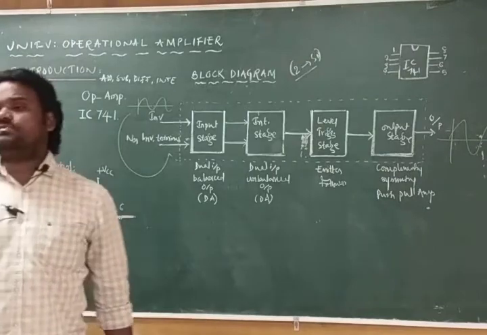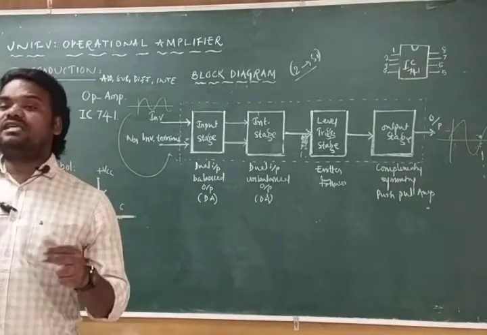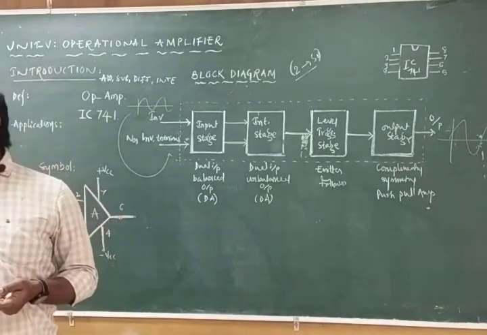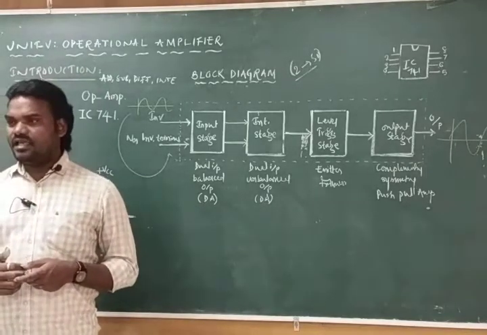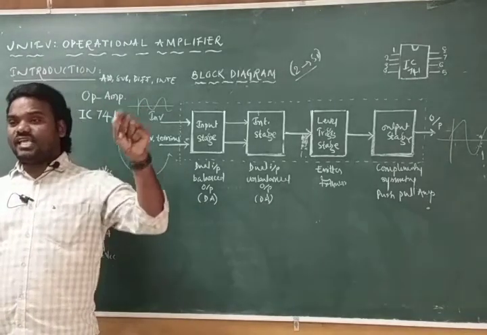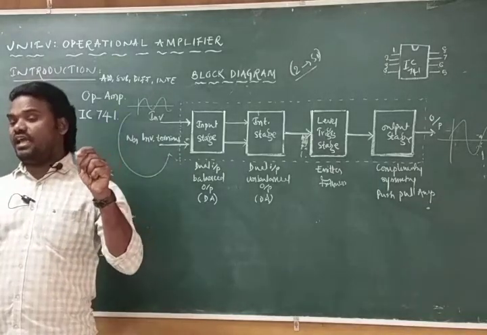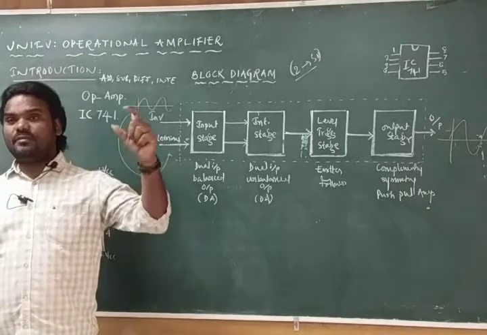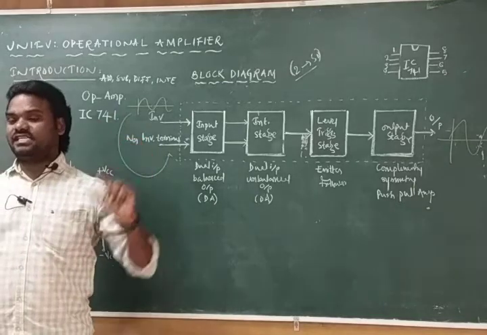What is the phase difference between in-phase signals? 0 or 360. What is the phase difference between out-of-phase signals? 180 degrees. We have discussed positive feedback and negative feedback. In negative feedback, the phase difference between Vs and Vf is about 180 degrees, and in positive feedback, the phase difference between Vs and Vf is 0 or 360 degrees.